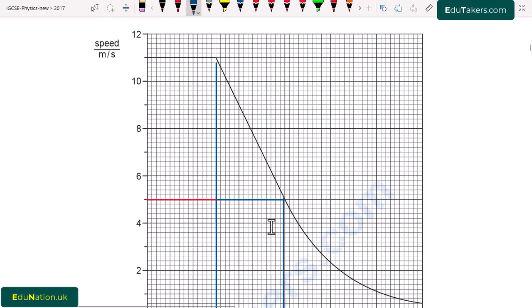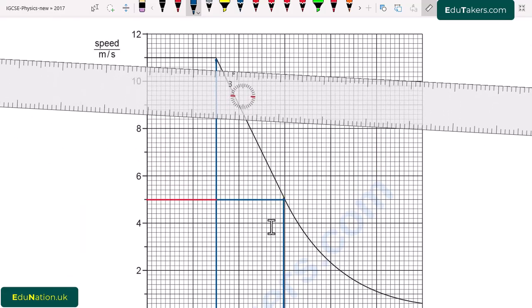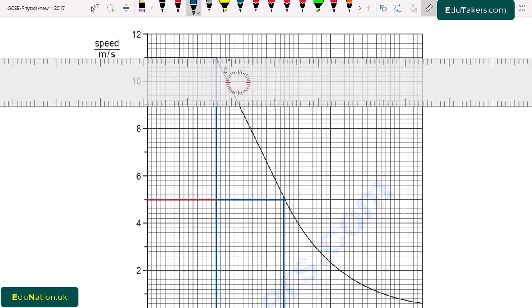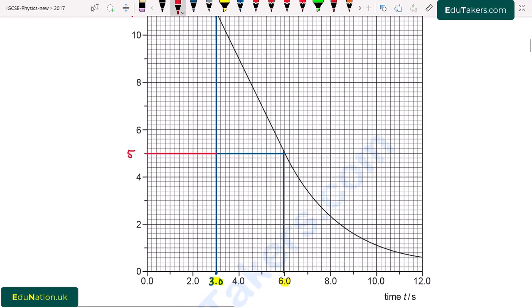So here we can see that I also draw a line here. At this point, speed is 11 meter per second and here is 5 meter per second.